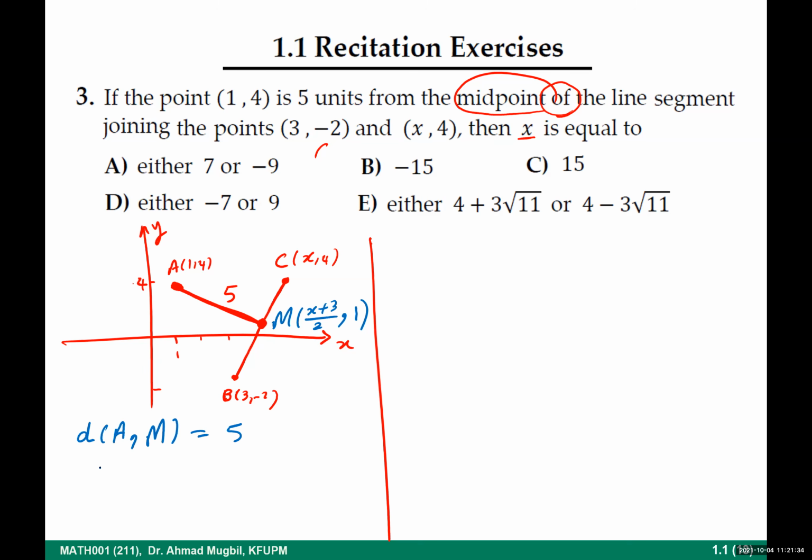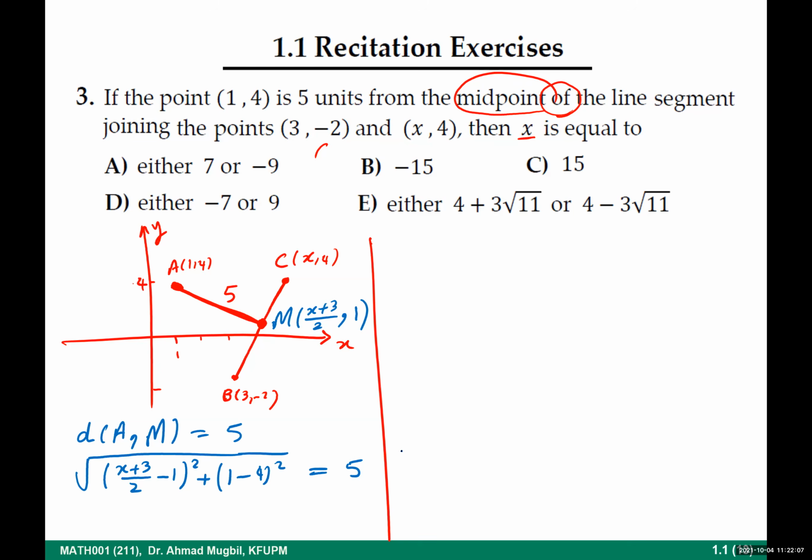The distance formula: the square root of x plus 3 over 2 minus 1, all squared, the x-coordinate minus the x-coordinate, plus the y-coordinate 1 minus 4, all squared. This must equal 5. We are done now. You just have an equation, and you need to solve it for x.